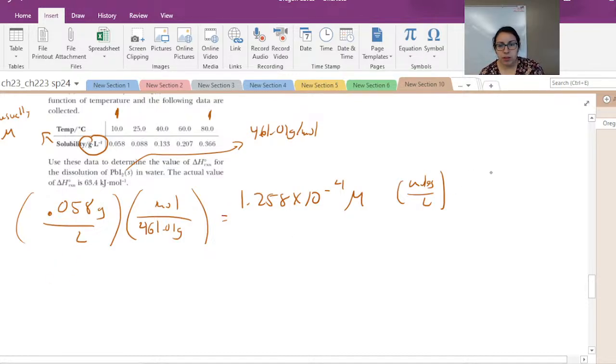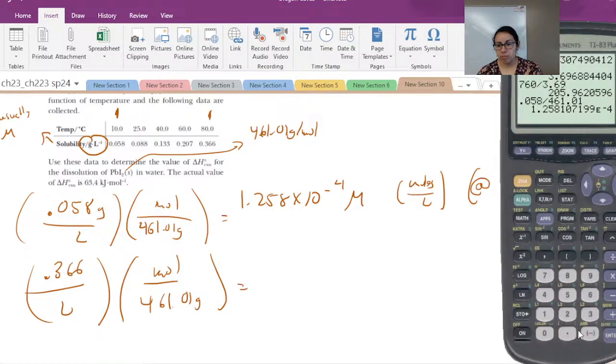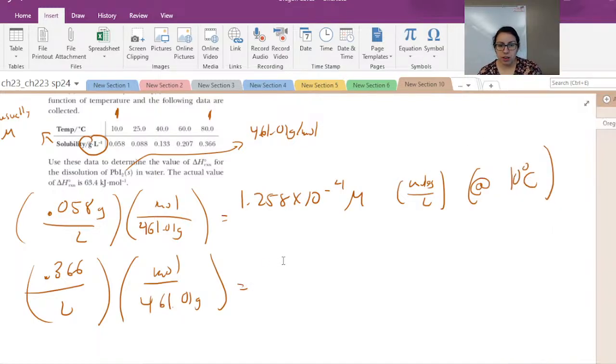And so that one, and let me just put on the side, this is at 10 degrees Celsius, so we can remember. And so 0.366, convert again. And so this is just our molar solubility.